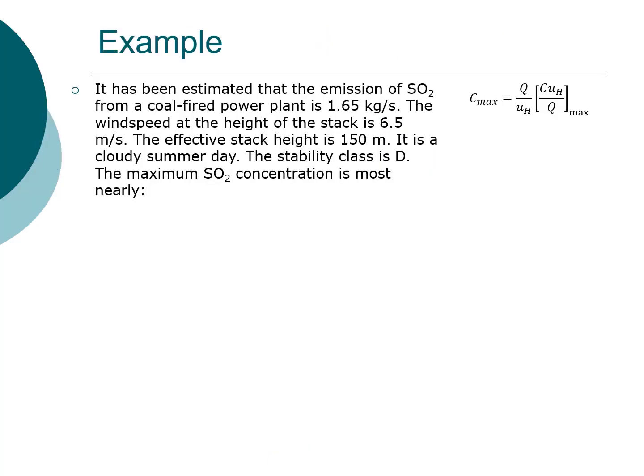So writing down all of our information from the graph, we have C U divided by Q max is equal to 3 times 10 to the minus 6, 1 over meter squared. And we'll use this equation right here.